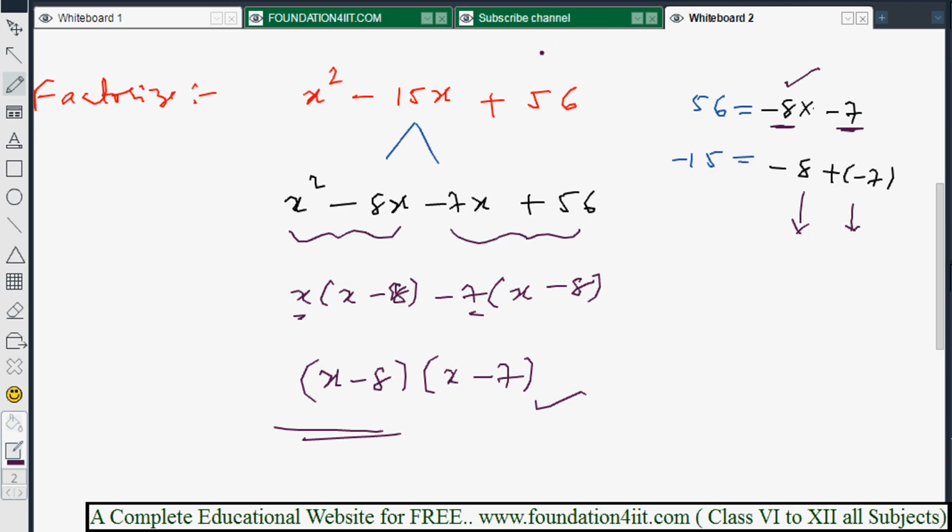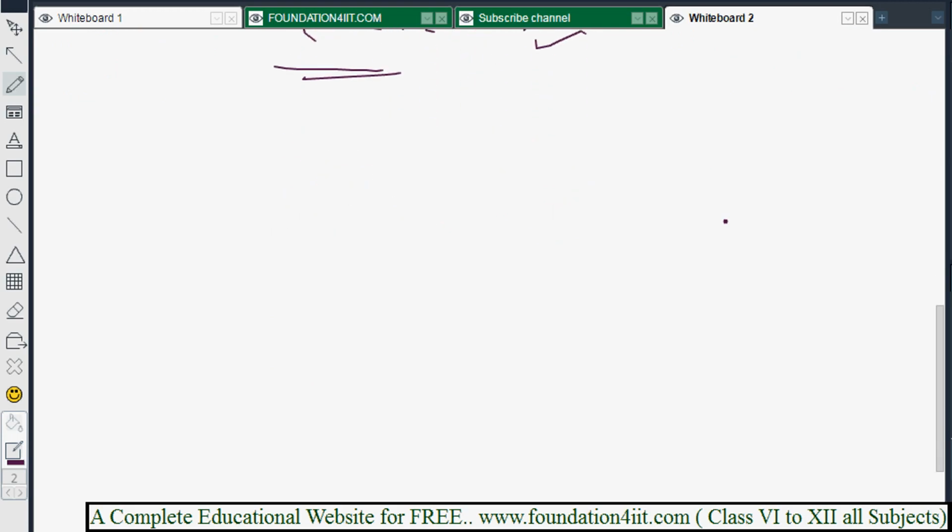And see one more sum, in case the question is giving more than three terms.